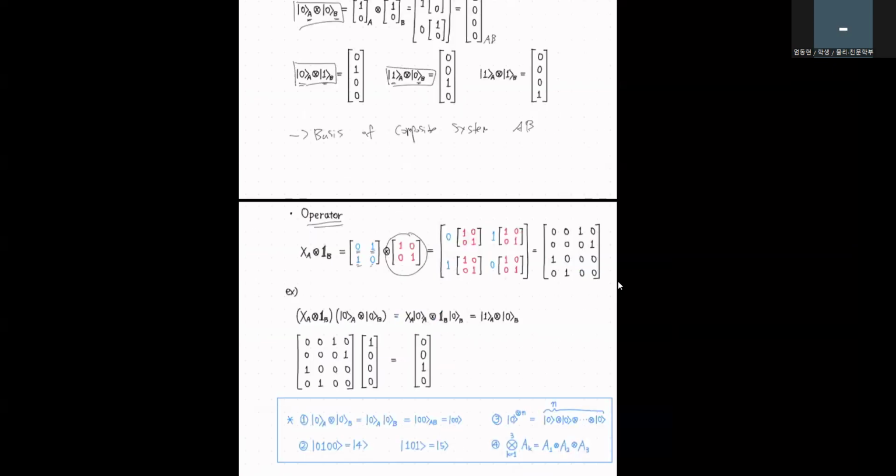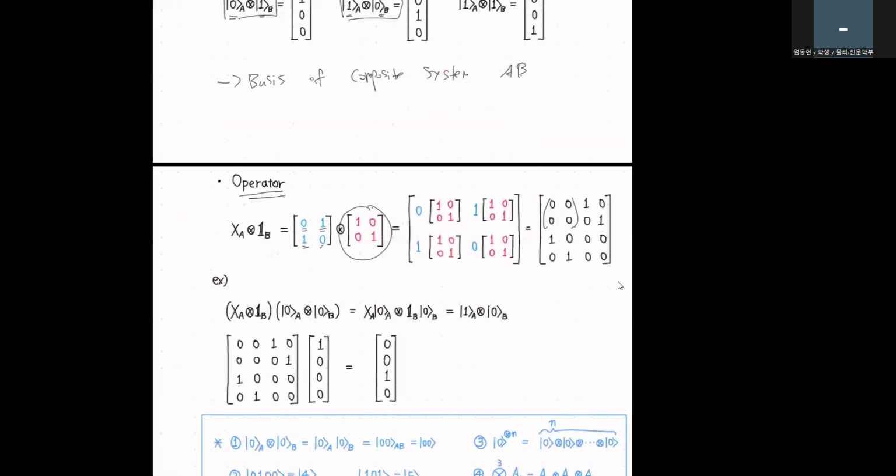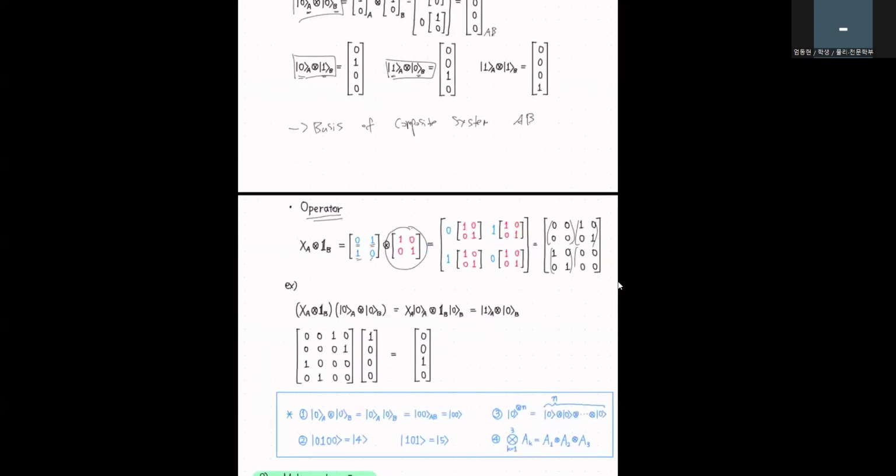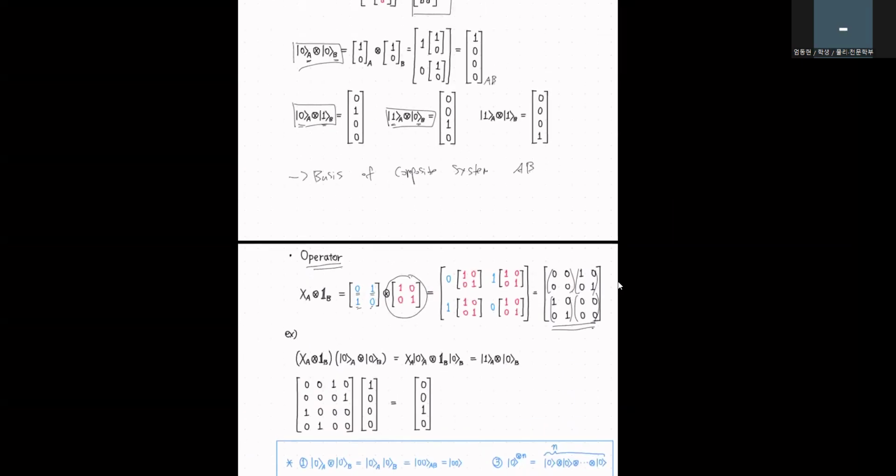So 0 multiplied by this matrix is all 0, and 1 multiplied by this matrix is 1, 0, 0, 1, the identity right here, and so on. And this is our new matrix in the basis I just mentioned earlier of our composite system.